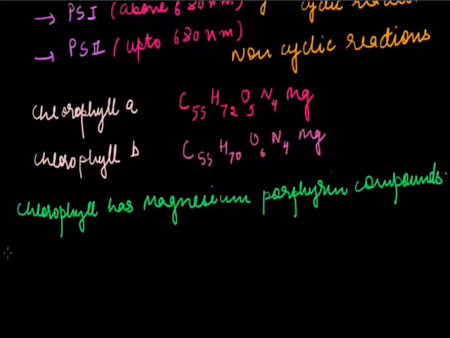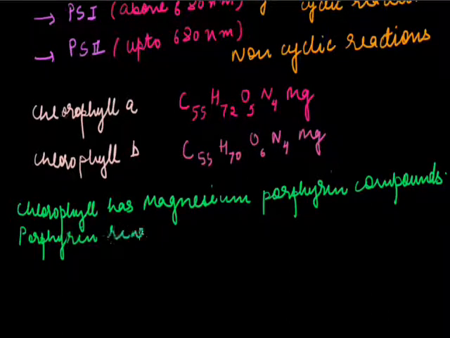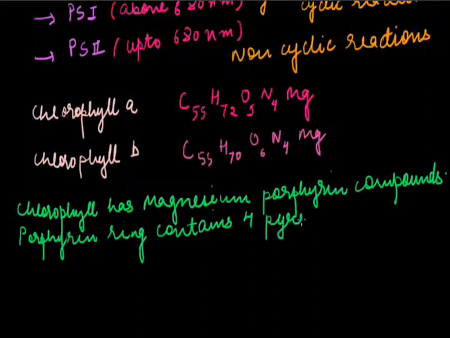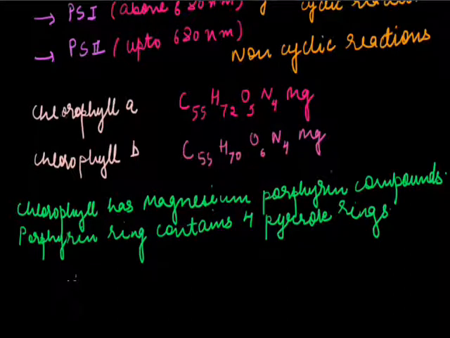Porphyrin ring contains 4 pyrrole rings. It contains a magnesium porphyrin ring and an alcoholic phytol tail.